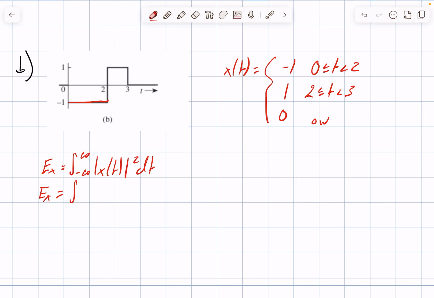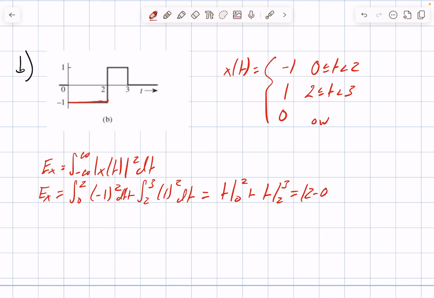So we have from 0 to 2, negative 1 squared, plus the integral from 2 to 3 of 1 squared, forgot to put my dt. dt is then equal to t from 0 to 2 plus t from 2 to 3. And that will give us 2 minus 0 plus 3 minus 2, which is equal to 3 joules. So same thing, pretty easy.